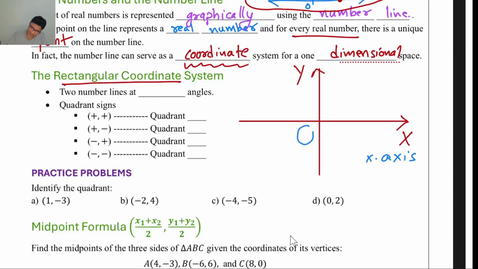And there is a special point where they intersect, we call that the origin, O. And so infinity on this side, negative infinity on the other side, infinity on the north side.